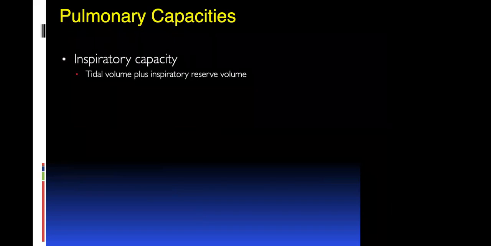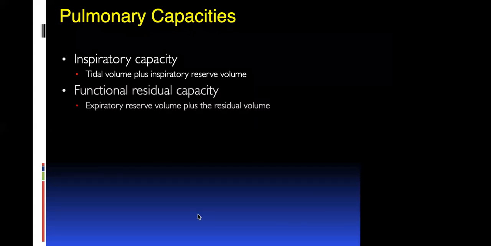Then we have the various capacities. Inspiratory capacity is tidal volume plus inspiratory reserve volume. It's quite easy to remember once you make a mental picture. Functional residual capacity is the expiratory reserve volume plus the residual volume.